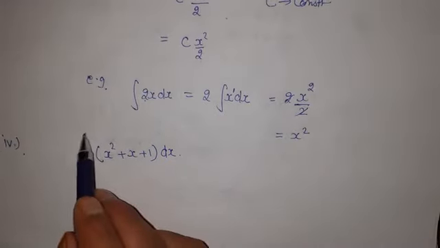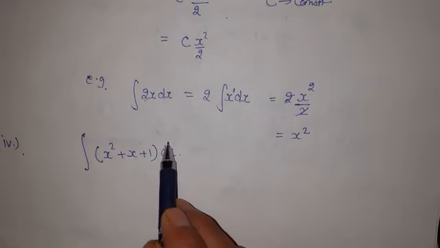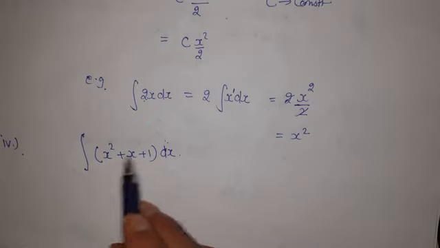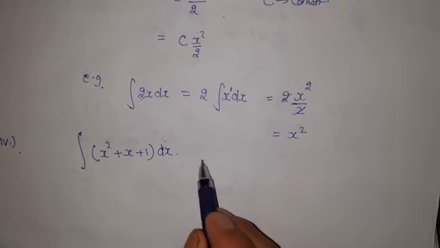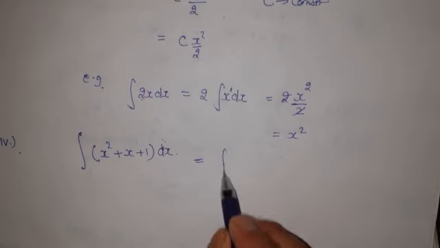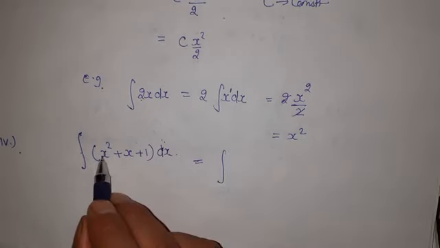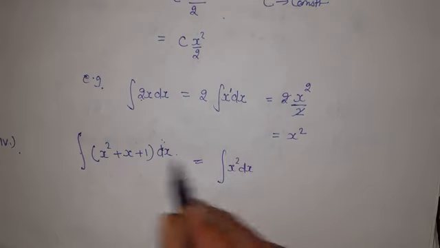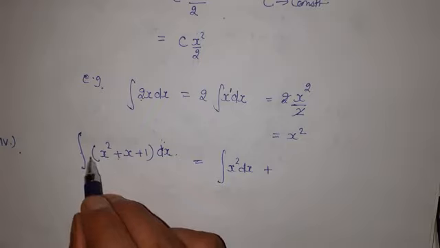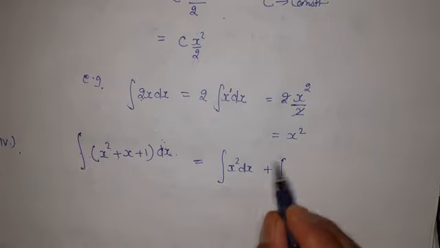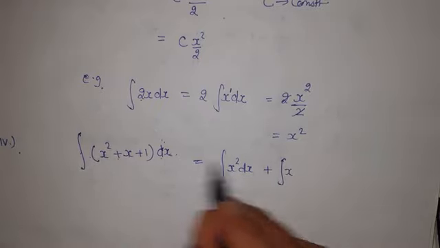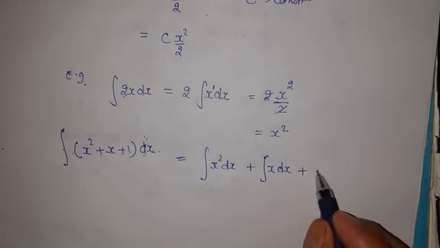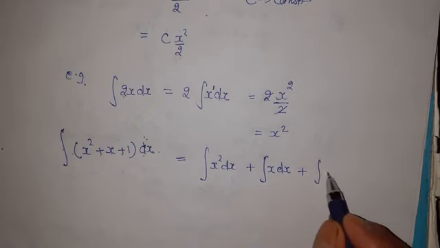So this integration and this variable element both will multiply inside the bracket. ठीक है, तो दोनों क्या करेंगे, ब्रैकेट के अंदर मल्टीप्लाई कर जाएंगे. ठीक है, तो इस तरह से आप इसको show करोगे. So over here this and this will multiply with x square, so then you will write it as x square dx. Thereafter there is the plus sign, plus again you have to use the integration sign, x and dx with it.